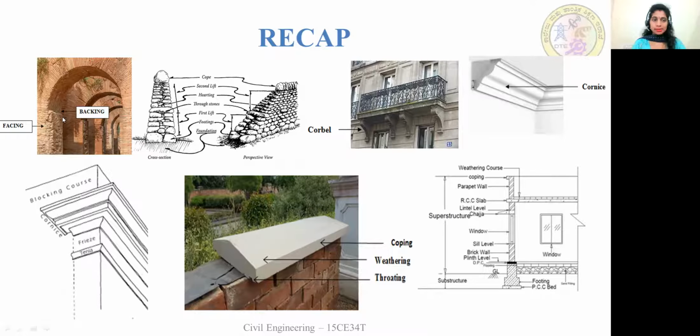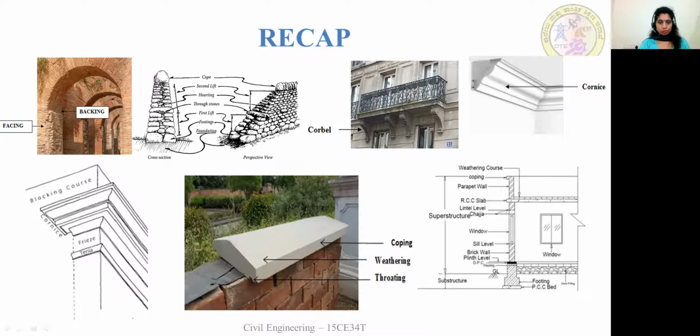The interior side of a wall which is not exposed to the weather is known as back, and the material used for the back is known as backing. The internal portion between the facing and backing is known as hearting. In this picture, you can see hearting in the center.